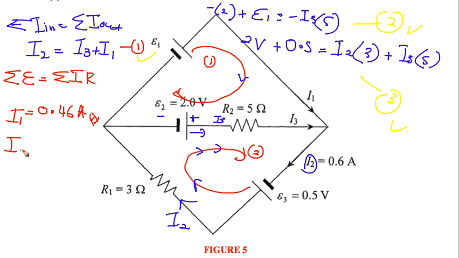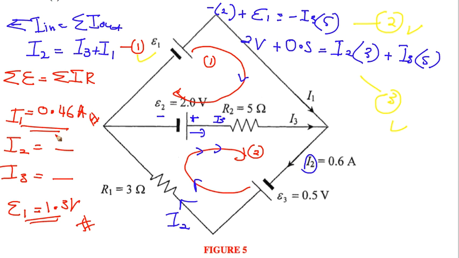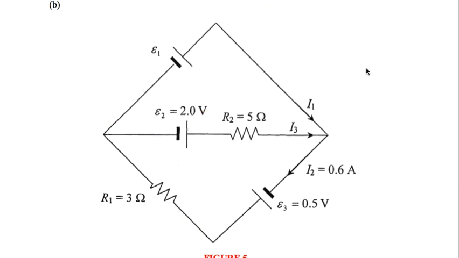Actually, you can find the value of I2 and the value of I3, but the question asks you to calculate the value of I1 and battery E1. Battery E1 is 1.3 volt. So these are the two answers asked by the question. So, that's all. Thank you.